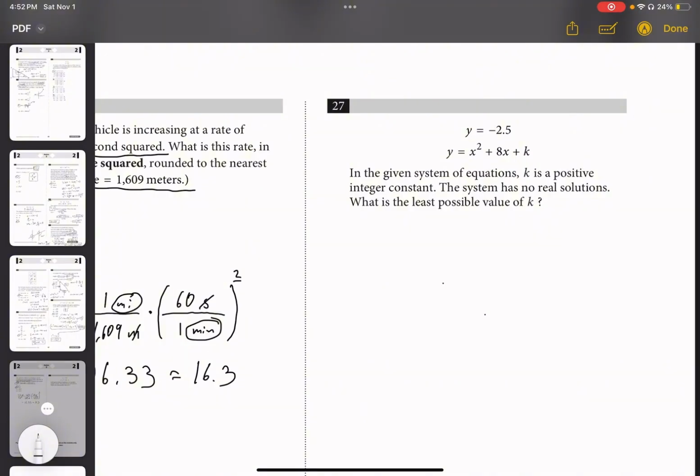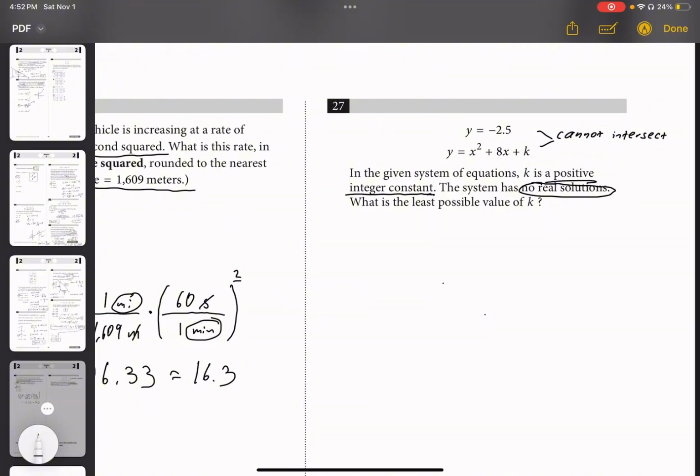In the given system of equations, k is a positive integer constant. The system has no real solutions. So these lines cannot intersect. What is the least possible value of k?